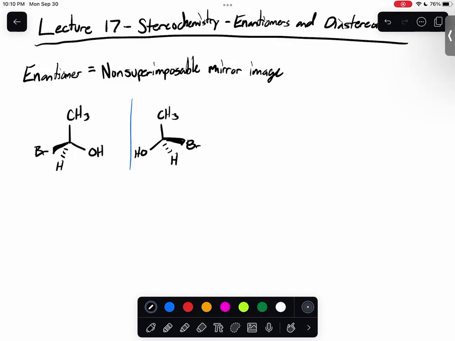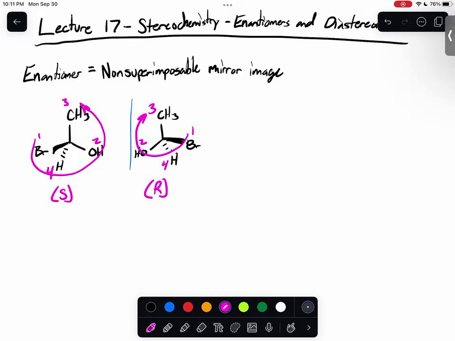The other thing we took a look at was that if you labeled these based on their priority numbers and looked at their absolute configuration, what you'd find is that this one was S, and that this one over here was actually R, right?